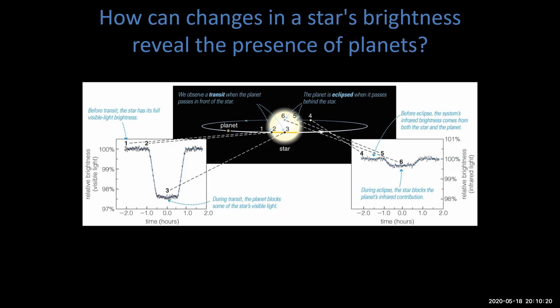But also, depending on how long this periodic effect occurs, that tells us how far away the object is from the star itself as well. So is it on a 4-day orbit or a 10-day orbit? That tells us how far away the object is from the star.